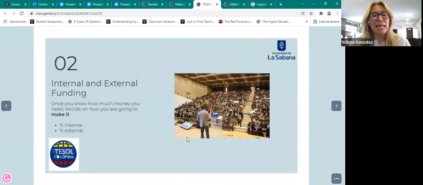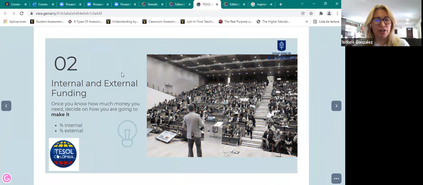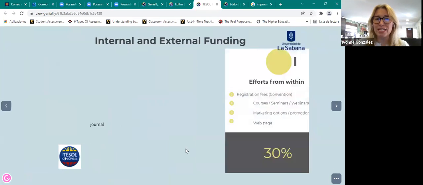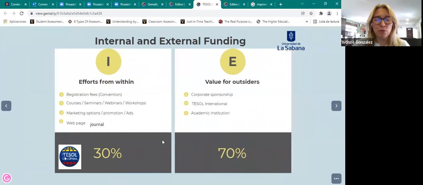Okay, now internal and external funding. Now we know how much money we need and we have to decide how we are going to get that money. We have two options. We have the internal funding, that means the efforts that come from within the association.